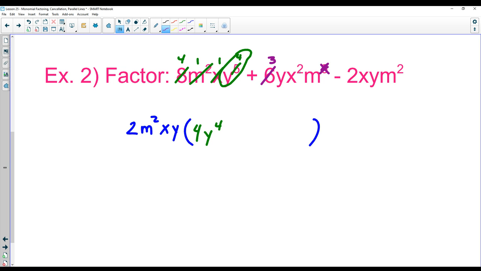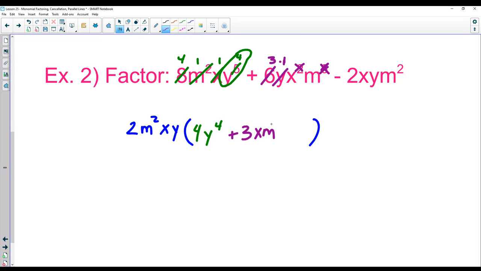If we take 1x out of the term, okay, we'll just have x to the first power. So let's cross off the exponent of 2. And then if we take out a y out of here, that whole thing goes away. All right, so 3 times 1 for 3. And then what we have left is x and m.